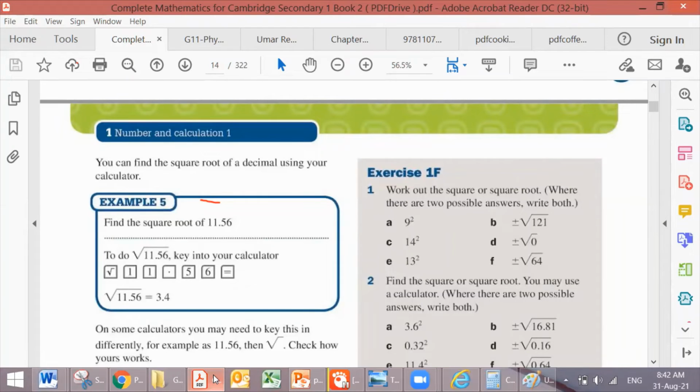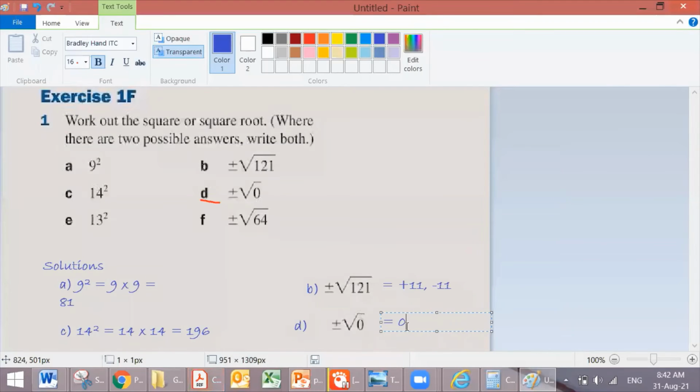So it is neither positive nor negative, and we say it's a non-negative integer. Okay. If you want to find its calculation, it will be only 0. It will not be minus 0. You don't need to write minus 0. It will have only one root. Understood?